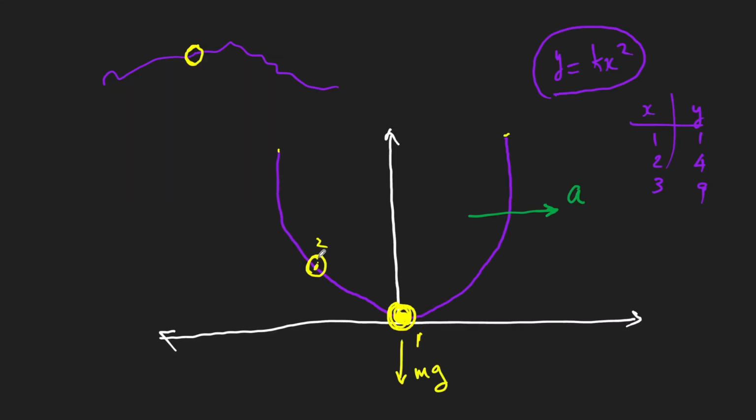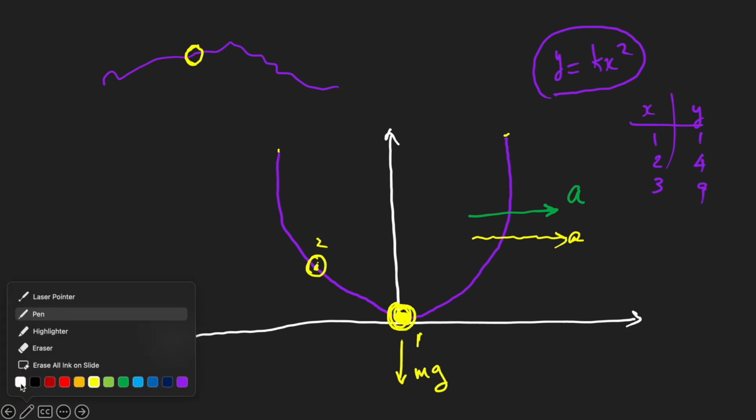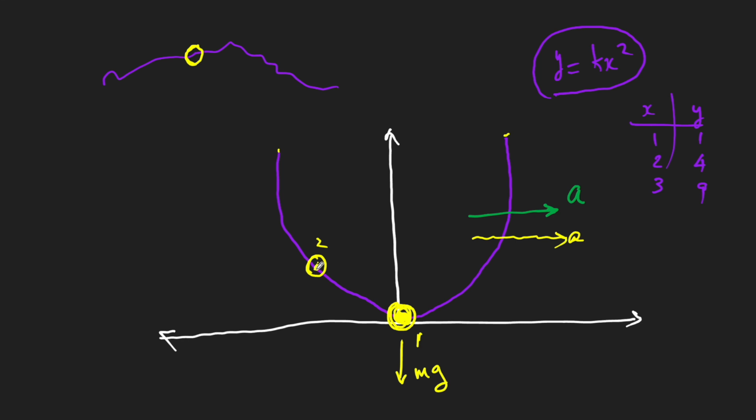So let's take this as the point where the bead is now at equilibrium, at rest. But the entire system is moving towards the right with an acceleration a. Now the bead, with respect to the wire, has come to a point where it is at rest. We are asked to determine that distance from the y-axis.